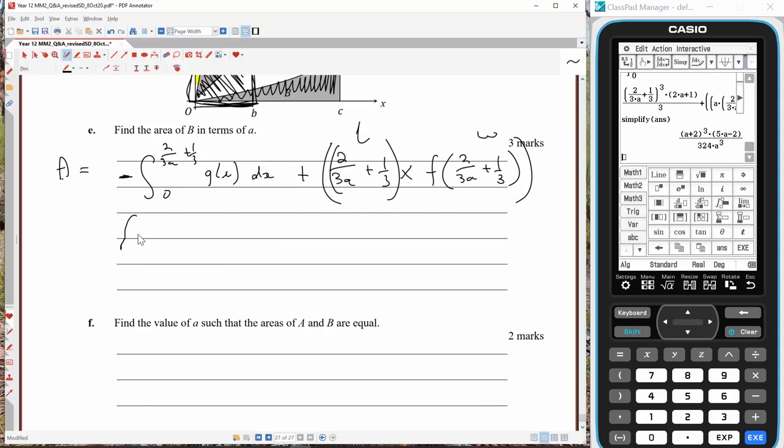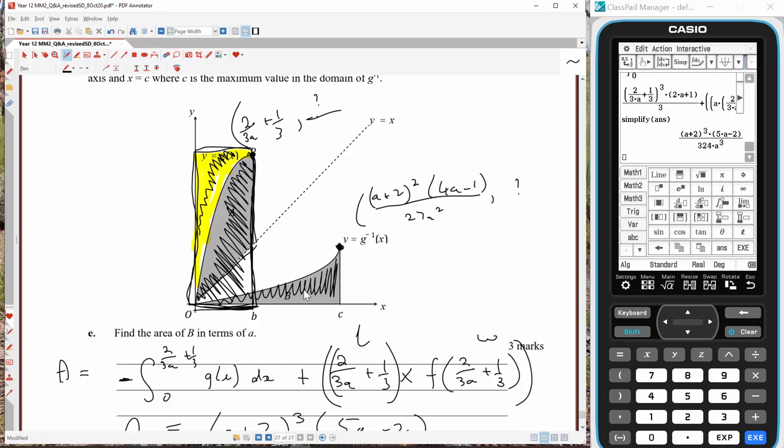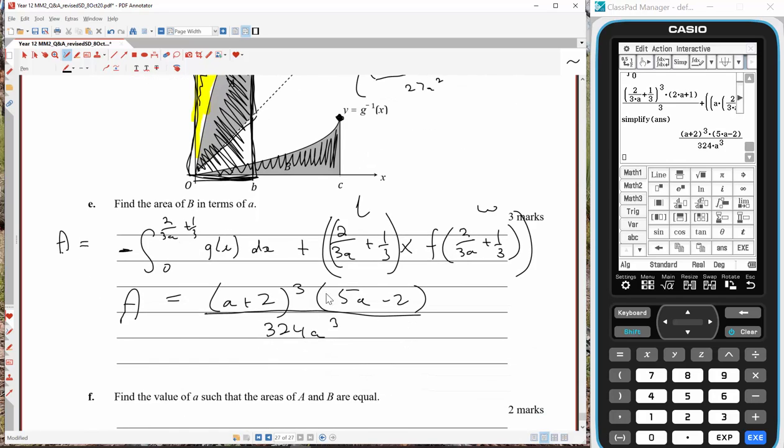So a equals (a plus 2) cubed, (5a minus 2), all over 324a cubed. So I know that the area of that is this amount here.